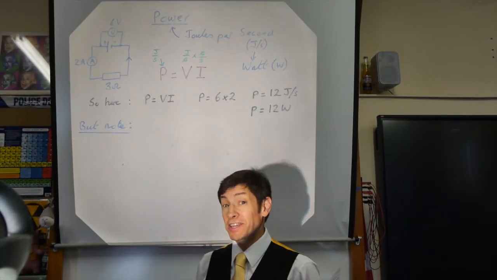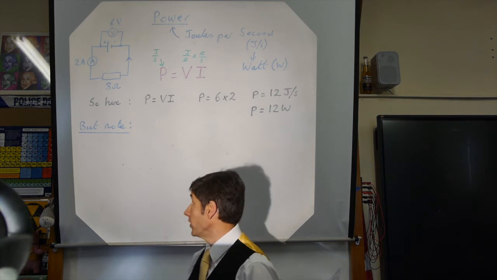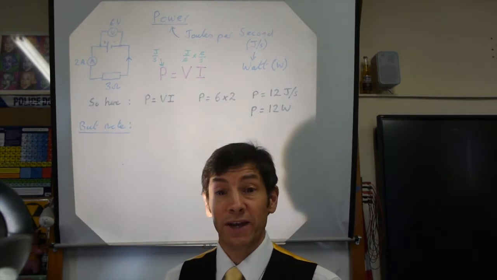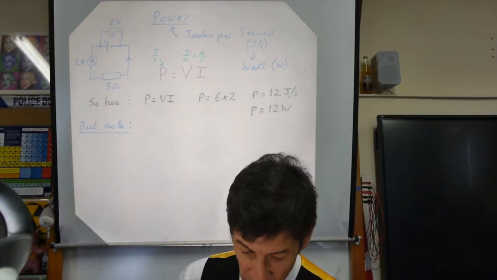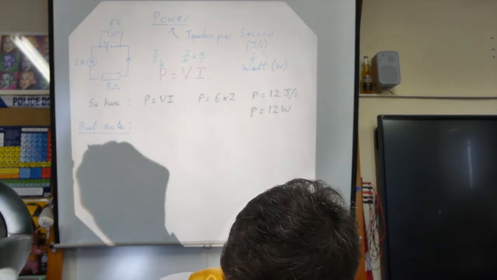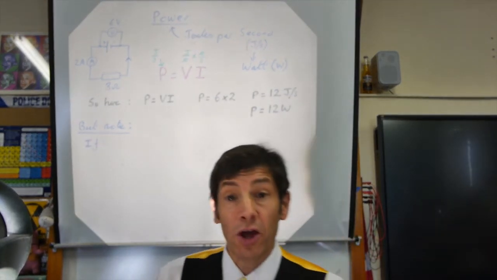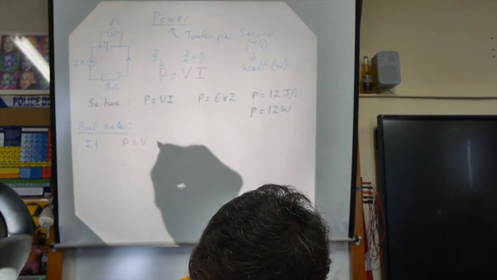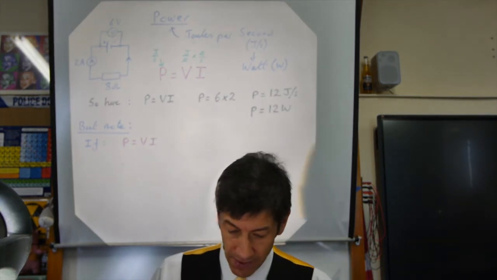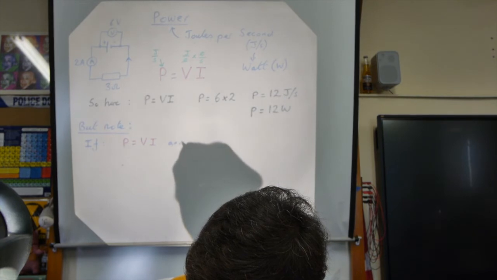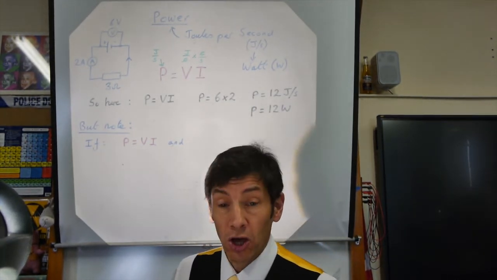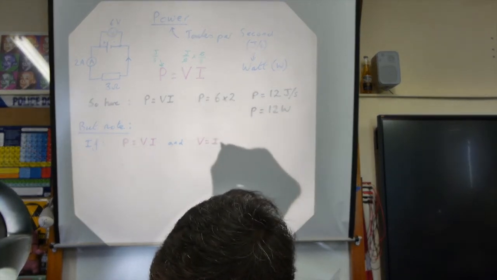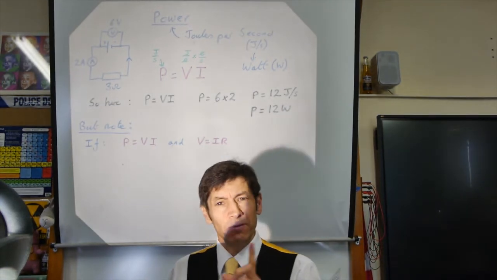But there's something else I need to tell you, and we need to take this just a little bit further for the higher marks at GCSE. So there is another way we can calculate power. If you remember from the formula above, that power is equal to VI, and you remember the other formula that we dealt with earlier on for what V is, V equals IR, then you can do something a little bit clever.